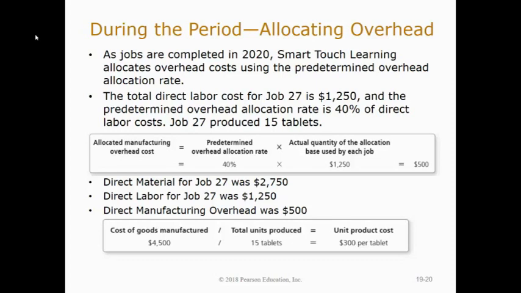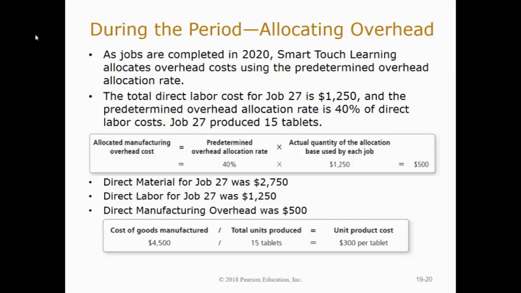So now we know all of the different cost components. We had $2,750 in traceable direct material for job 27. We had $1,250 of traceable direct labor for job 27. And then job 27 took part in making us incur costs which are not traceable.